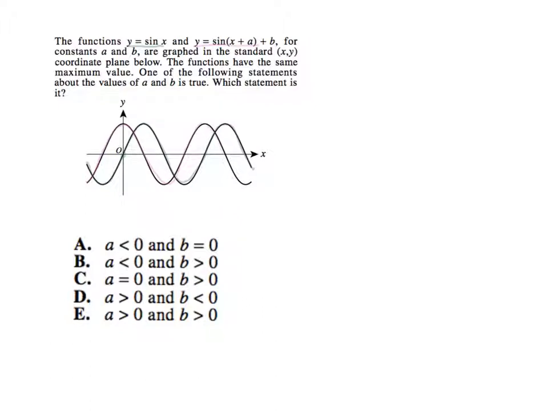So when I'm looking at these two graphs, it doesn't really look like this one here, the pink graph, the shifted one, has been shifted up. So what I'm saying is that there doesn't appear to be a vertical shift.